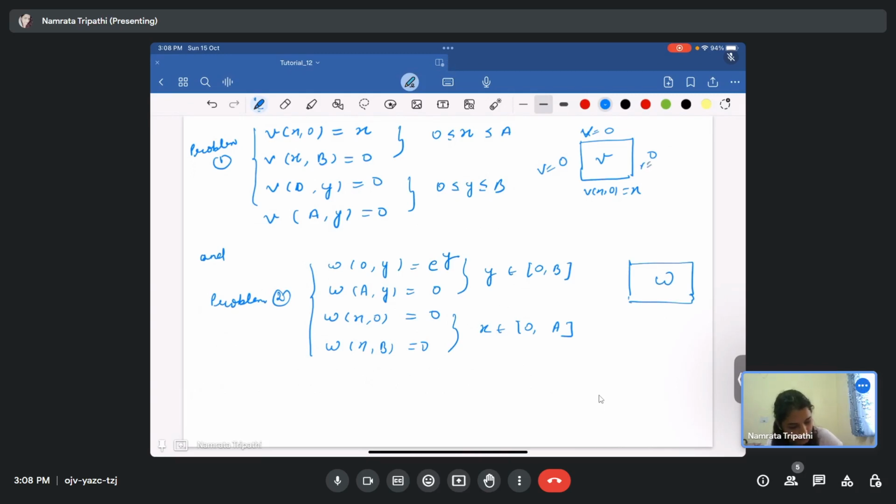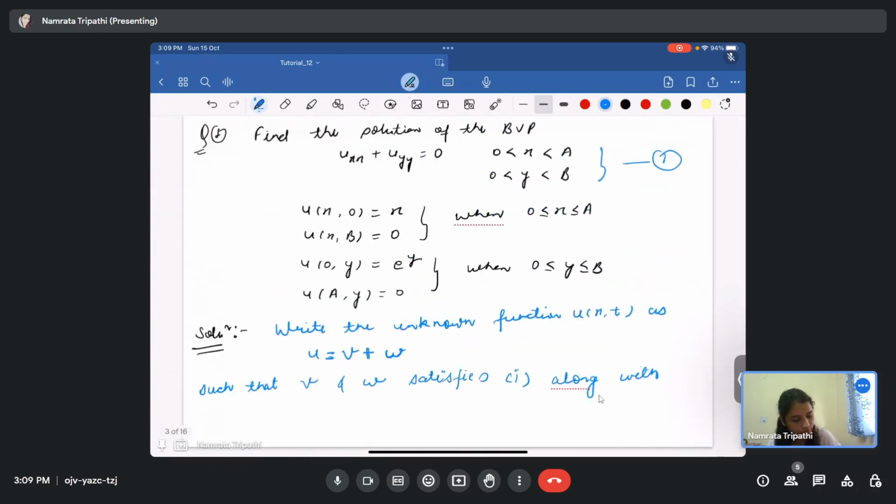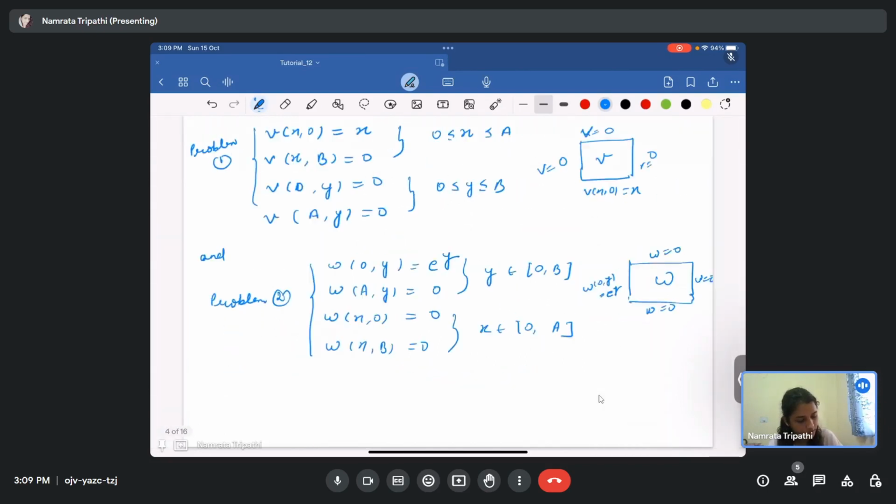Similarly here we will consider this is w(0,y) is e to the power y and the rest are 0. Okay. So we will solve these two problems one by one so that we can tell the solution for the unknown function u with the help of v and w. So first of all we will solve for v and then w, and then we will combine these two solutions.